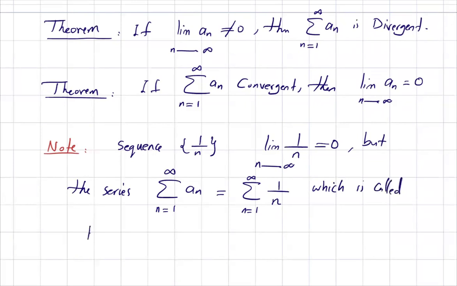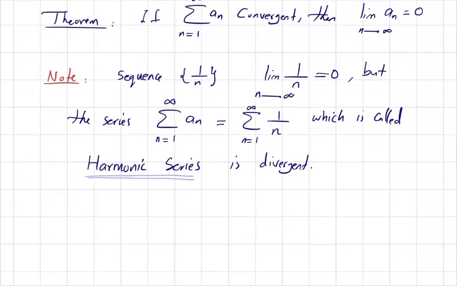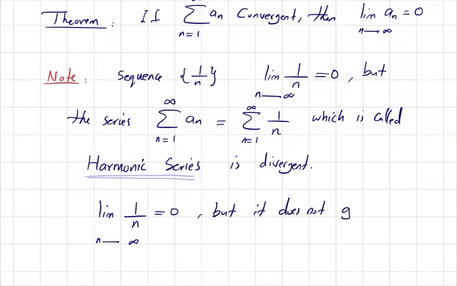The harmonic series is divergent. And again, please note that the limit of 1 over n as n goes to infinity is equal to 0, but it doesn't guarantee that the series 1 over n, starting from 1 to infinity, is convergent.